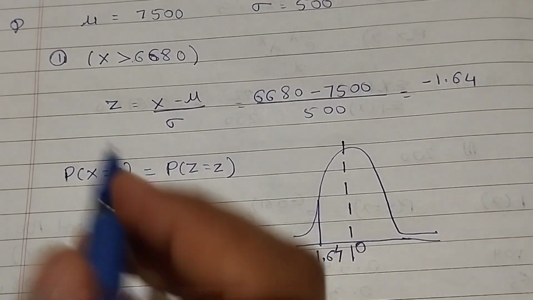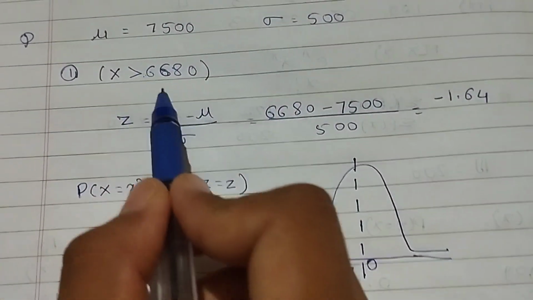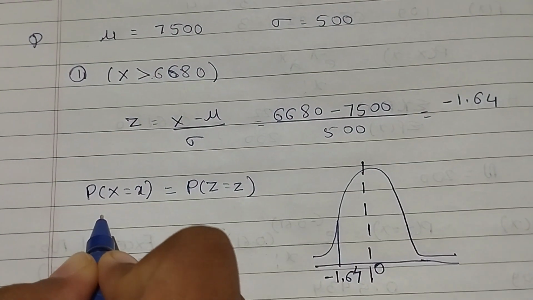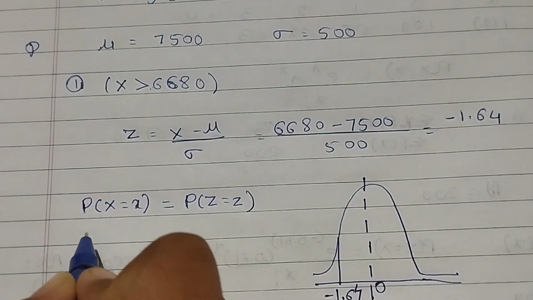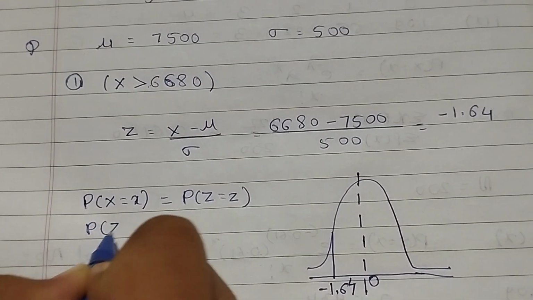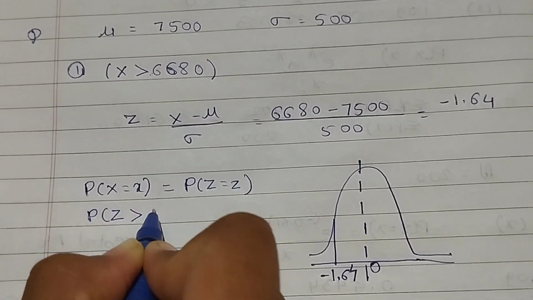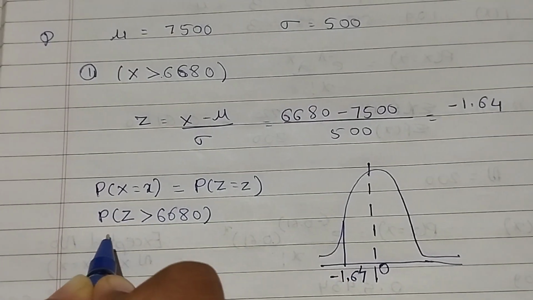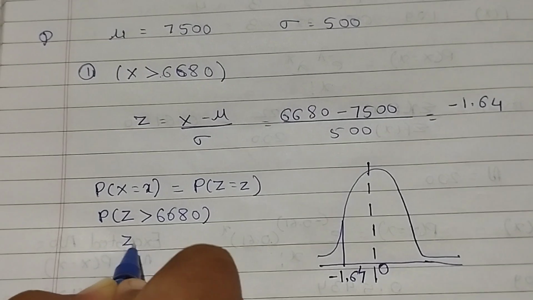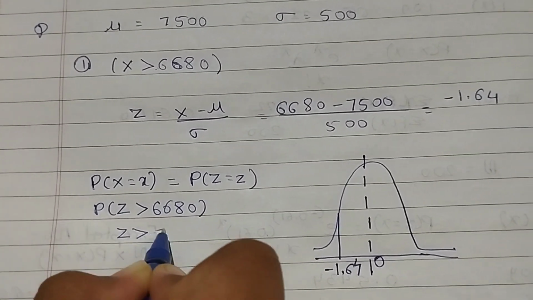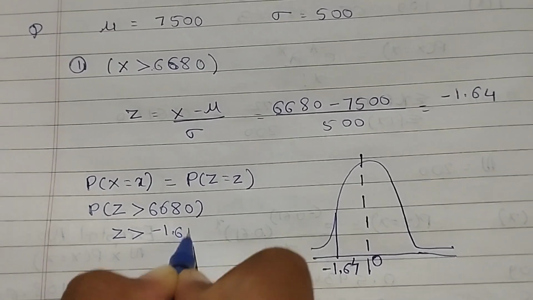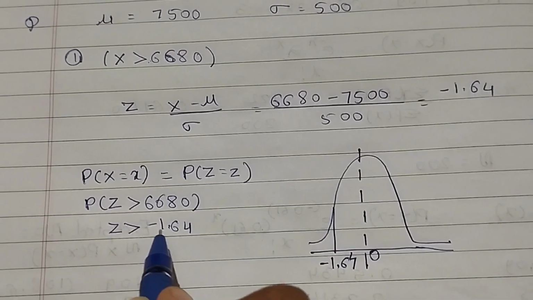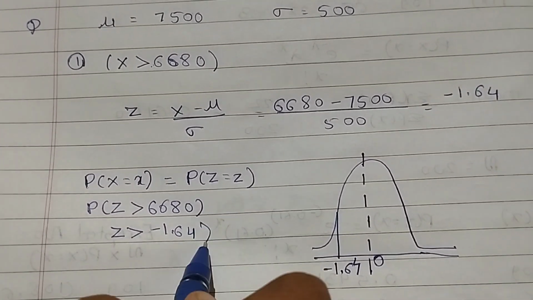So if x is greater than 6680, then P of z is also greater than or equal to 6680, which is nothing but z greater than minus 1.64, because for the x we calculated the value minus 1.64.